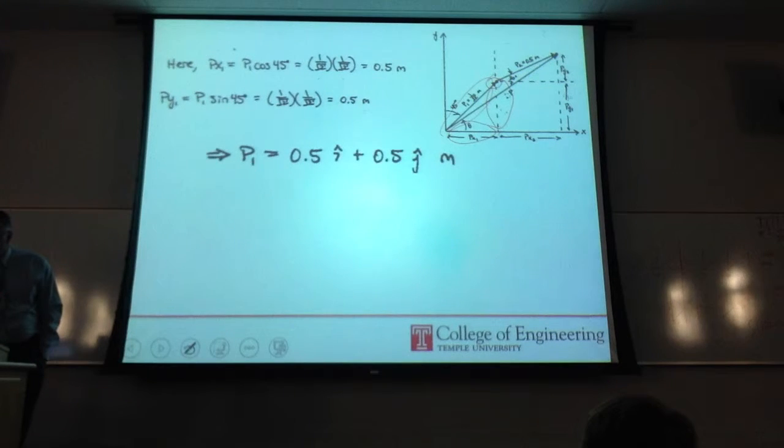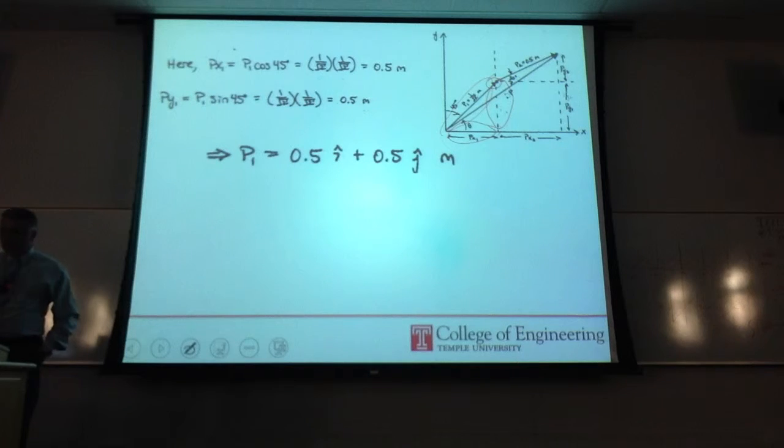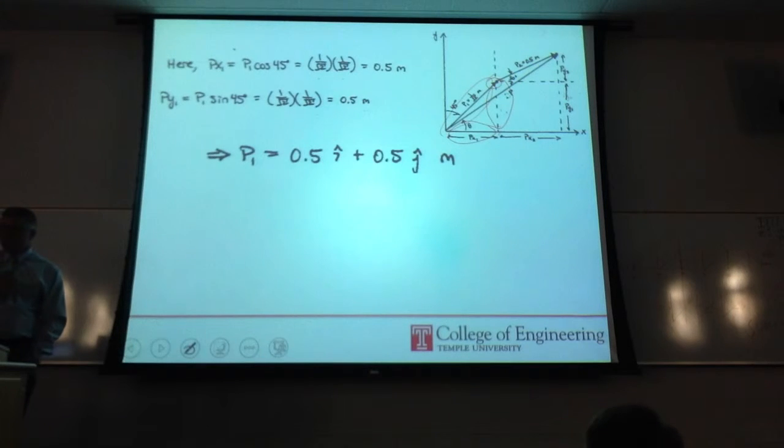So if I want to show it in the Cartesian coordinate systems, that's what we have. So I found the Cartesian representation of point 1. So what should I do for point 2? Yes. Same thing. So same thing means what? What is the px2? Of what angle? 30 degrees. And this is where the 30 degree is.